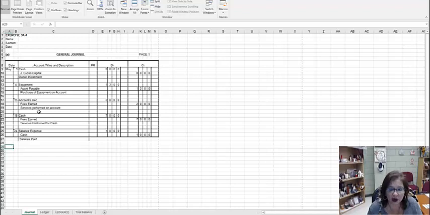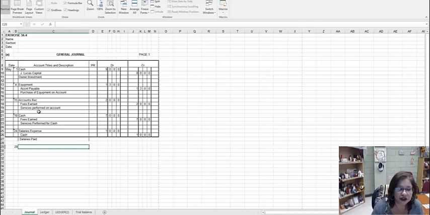Now for the next one, we can always reformat it later. But for the last one, it says that she withdrew money. She withdrew $200 for personal use. So here we go. We're going to put in the 28th. We're going to show that she is taking money out of cash. So we're going to debit, of course, J. Lucas withdrawals.